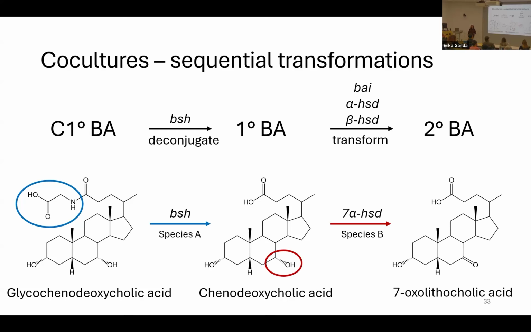That makes sense, but there's not actually a lot of data in the literature to support this claim. So we were interested in performing sequential transformations, but also because we were investigating bile salt hydrolase, we wanted to see how different rates of activity and different types of specificity with bile salt hydrolase impacted the secondary bile acid pool.